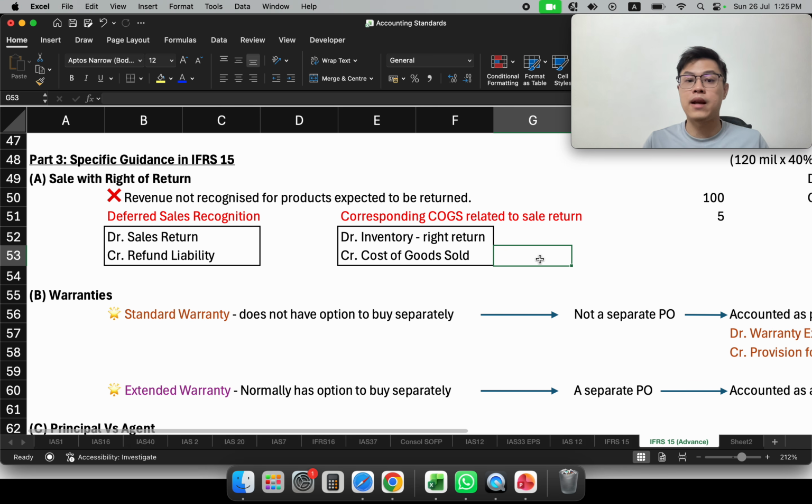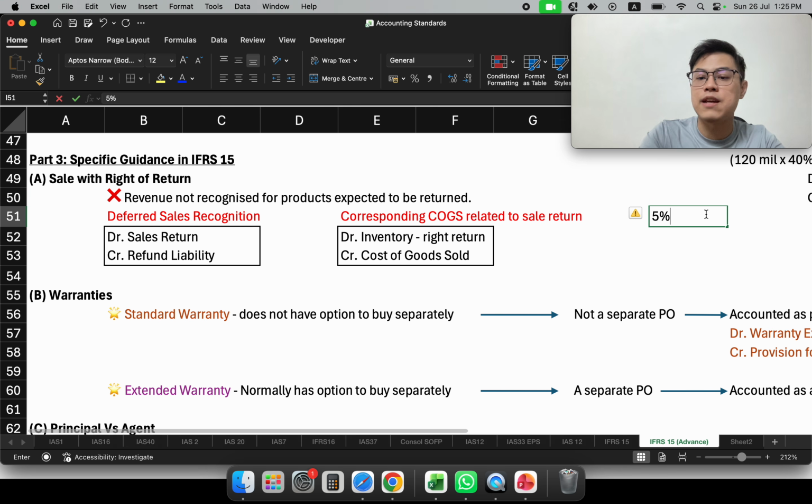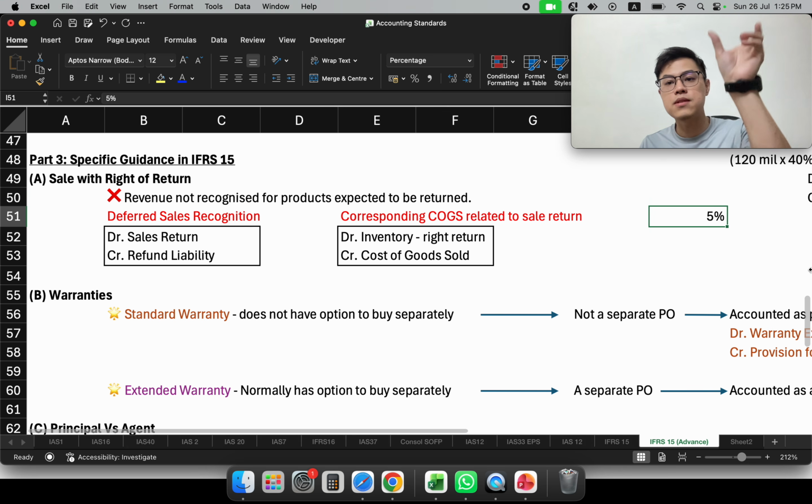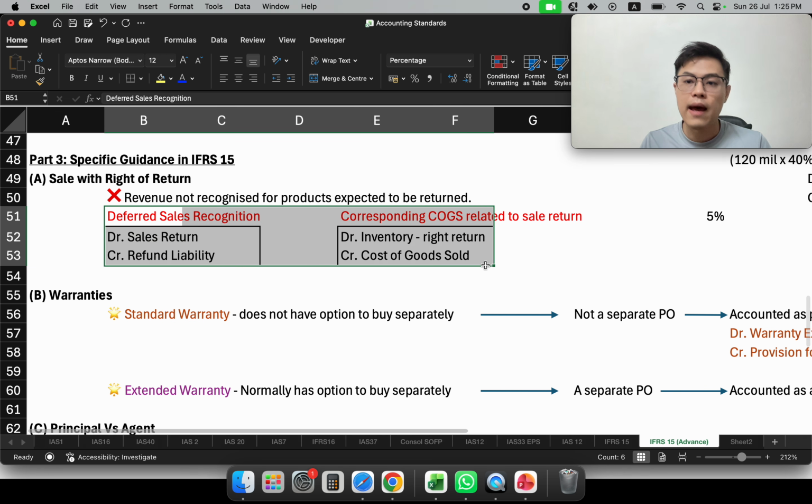Meaning we will recognize a full sales return now, a return liability now, and then after 3 months, we will reverse, and only then recognize the revenue. The better case is if you are able to estimate, say 5%, we will base the adjustment on 5% of the sales. Else, we will identify that batch and recognize it in full.